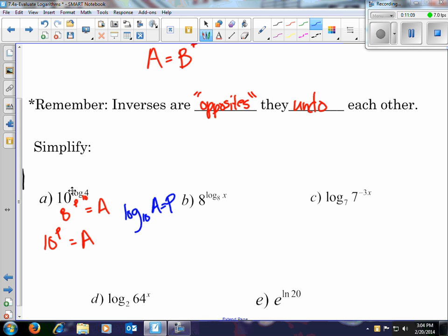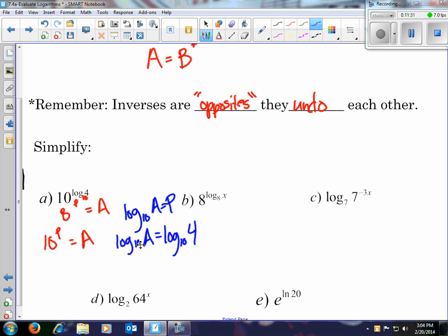Now, this is where I can put my power back in, because my log base 10 of 4 is my power. So I have log base 10 of a, nothing has changed on the left-hand side, is equal to my power. So I have log base 10 of 4.